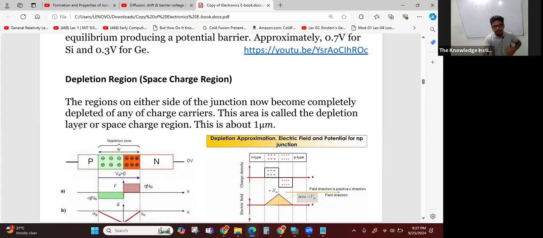Right? So this area is called the depletion layer or space charge region. This is about 1 micrometer. 1 micrometer means you divide 1 meter into a million, so you divide 1 millimeter into 1000 and you get 1 micrometer, right? So that is a very small, thin, narrow layer.